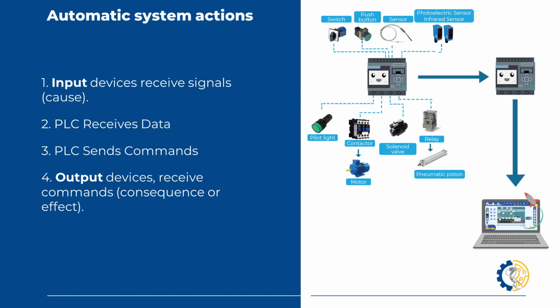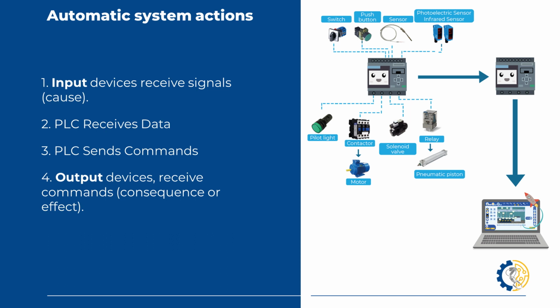Okay? Now, in summary, let me adjust it here on the bottom part. First off, the input devices get signals, and that is the cause. Depending on what we're getting, they're going to run with certain consequences. So the PLC obviously also gets the data from these measurements, from these devices.